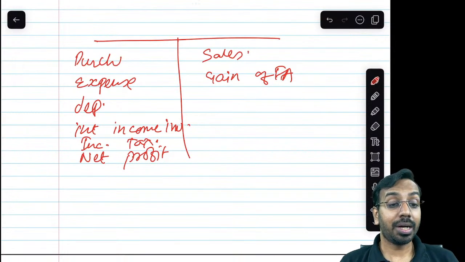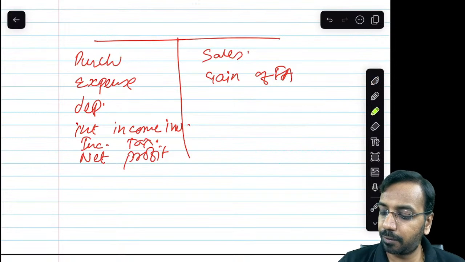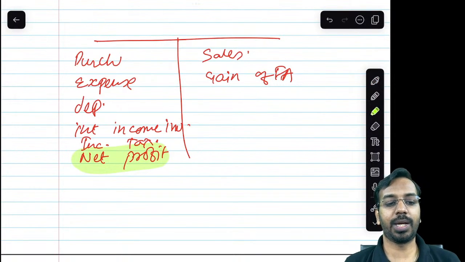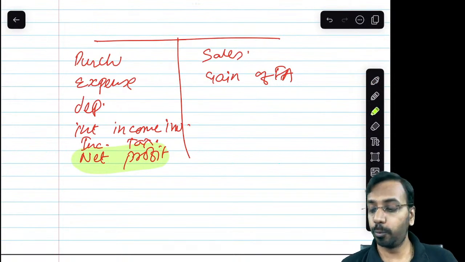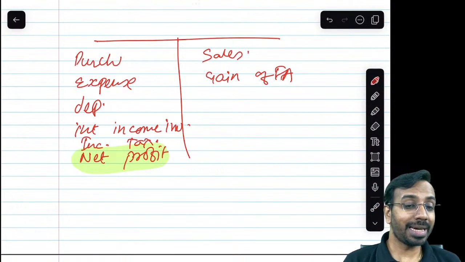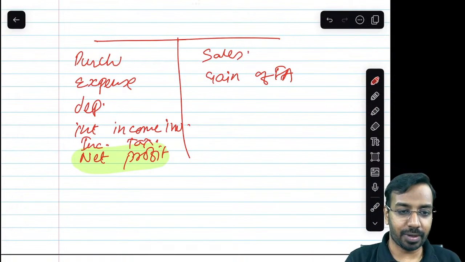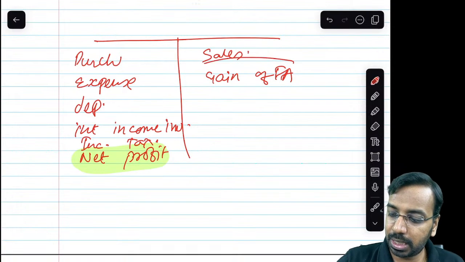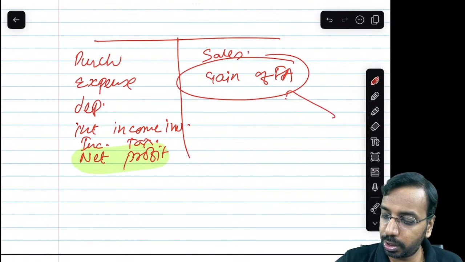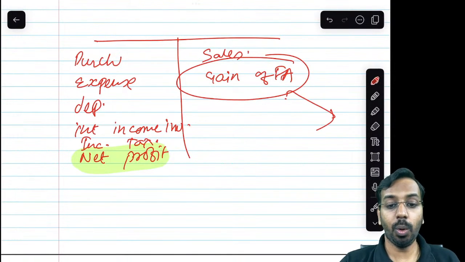Right, now under the indirect method we always begin from net profit. Then what do we do? Whatever items do not belong to operating activities, like gain on sale of fixed asset, you remove it out.